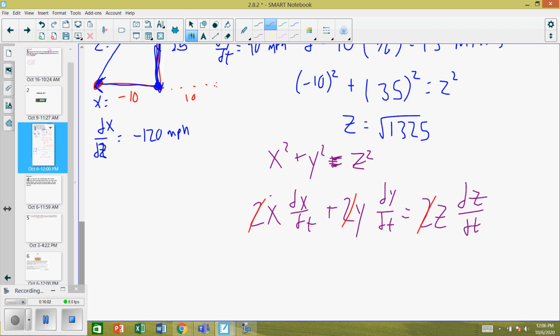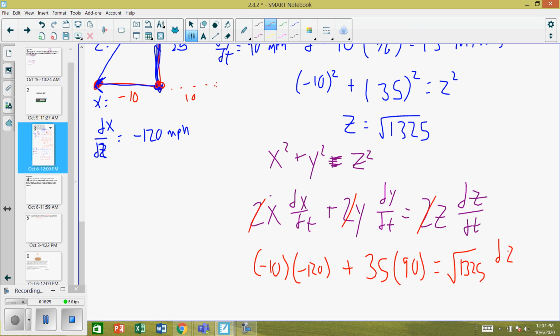All right. x is -10. Make sure the signs are correct. Denver is our reference point. We're to the left of that, so it's -10. And we're still going -120 miles per hour. Plus, y is now 35, and dy is still +90. In this case, z was the square root of 1,325, and we're looking for dz over dt.